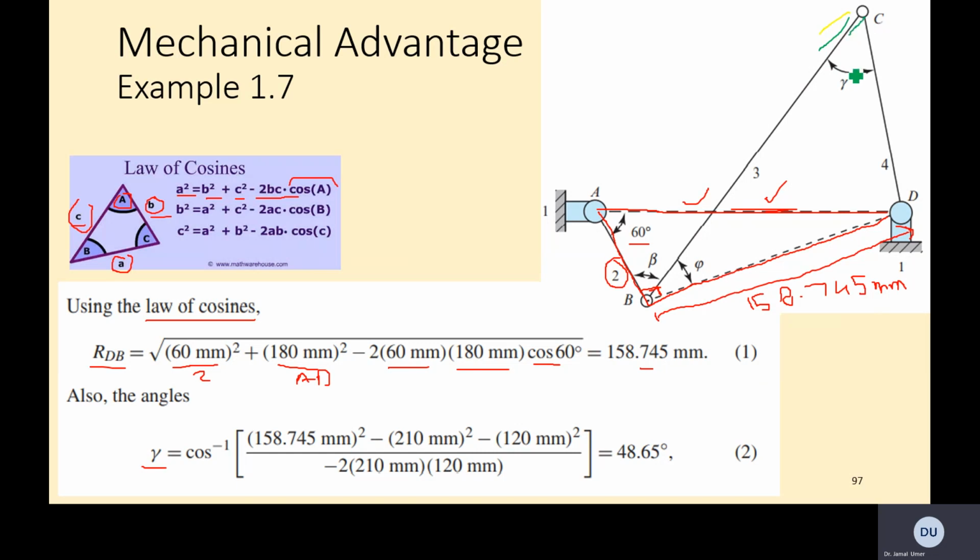So because you know this length, you are interested in finding this angle. So you got this triangle now, where you got the length of 3 is already given, length 4 is already given, this length you have worked out, and so on. So you use same law of cosine.